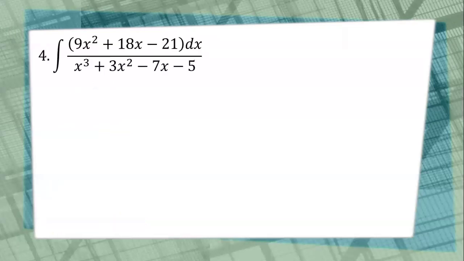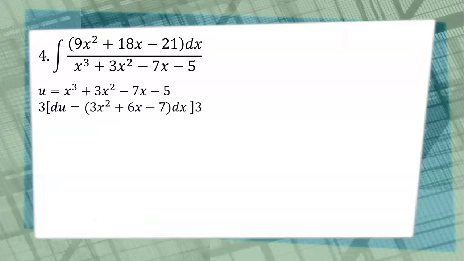Let's have item number 4. The integral of 9x squared plus 18x minus 21 dx over x cubed plus 3x squared minus 7x minus 5. So again, the denominator should be u, x cubed plus 3x squared minus 7x minus 5. And the derivative of u is this, which is 3x squared plus 6x minus 7 dx.